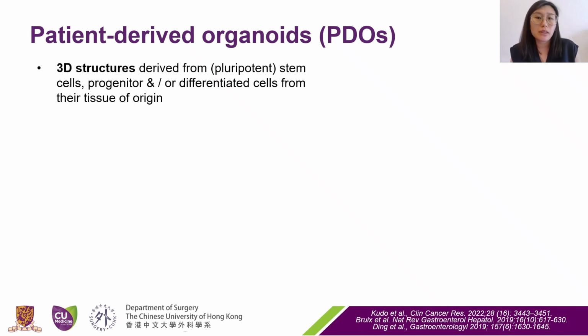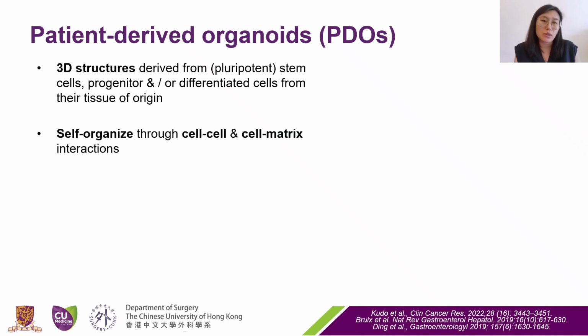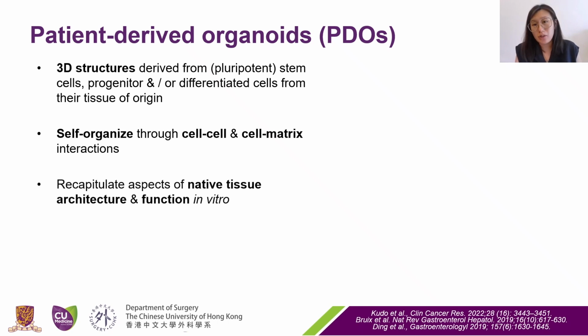The recent consensus defines organoids as 3D structures derived from stem cells, progenitor, or differentiated cells from their tissue of origin. It's very important that they're able to self-organize through cell-to-cell or cell-to-matrix interactions, which often involve the use of basement membrane or Matrigel. They must be able to recapitulate aspects of the native tissue architecture as well as function in vitro.